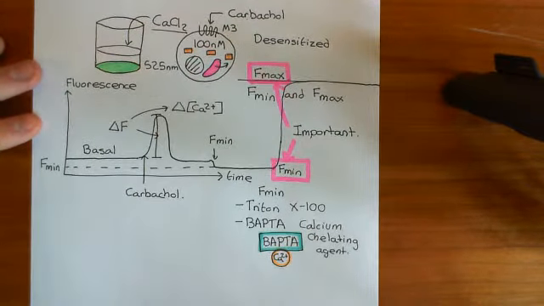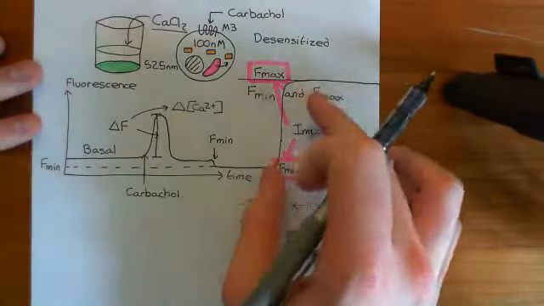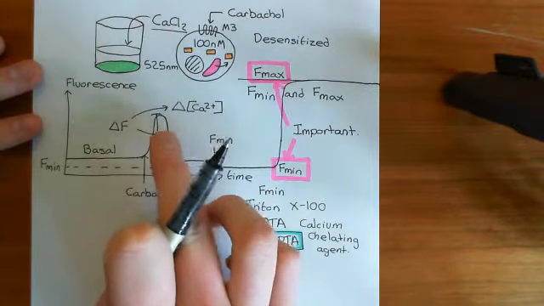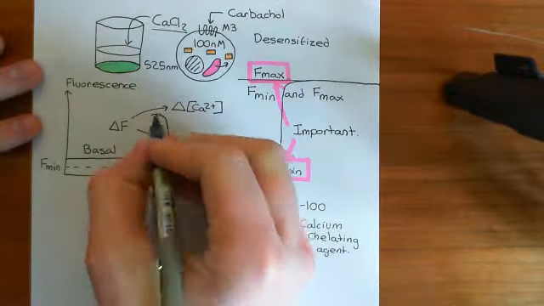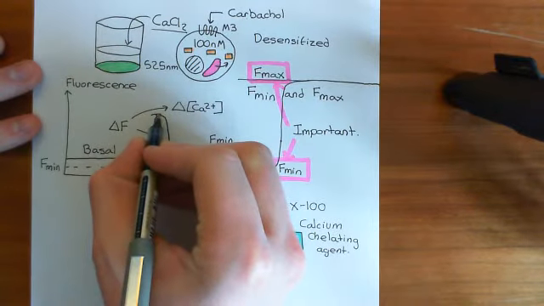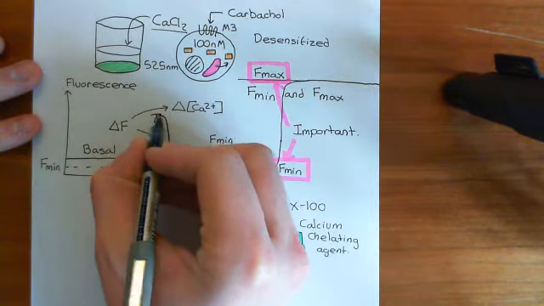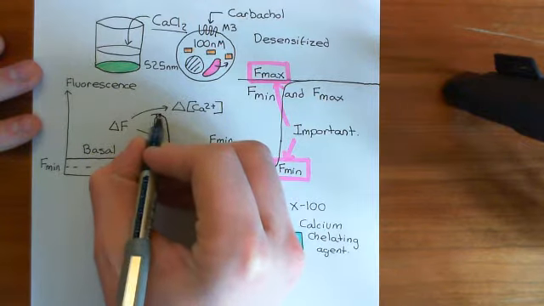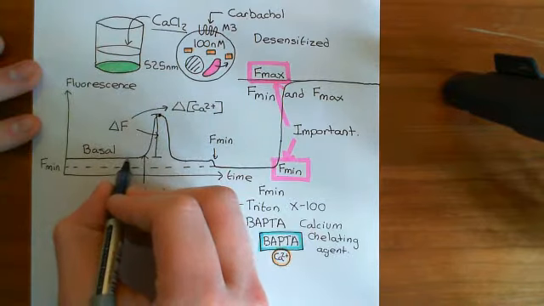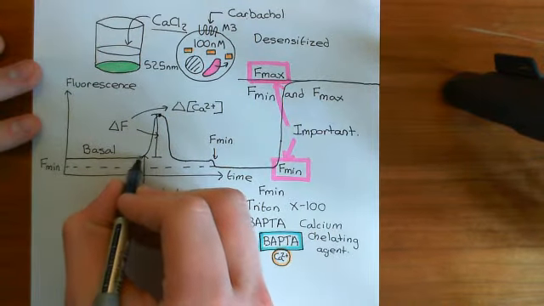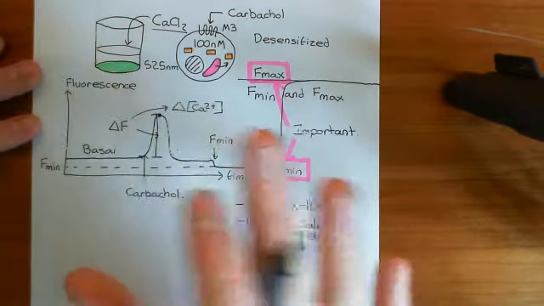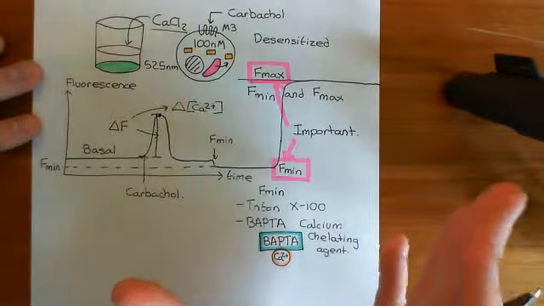So, how are we actually going to use this information to work out what the calcium concentration was at this peak here? We would like to know what the calcium concentration in the cytoplasm of the cell was at this peak. We'd also quite like to know what the calcium concentration was at the basal level, although I've already told you that we know that fact for cells.